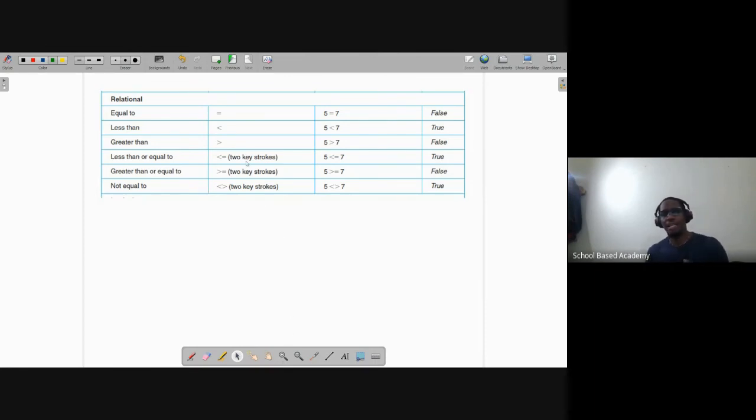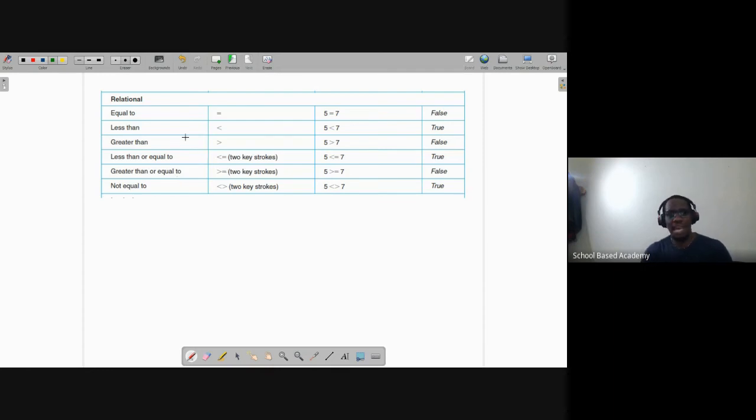And unlike mathematical operators, you can also use character and string data in relational operators. Relational operators compare 2 values and return a Boolean result, whereas a mathematical operator joins 2 mathematical values and returns a mathematical result.